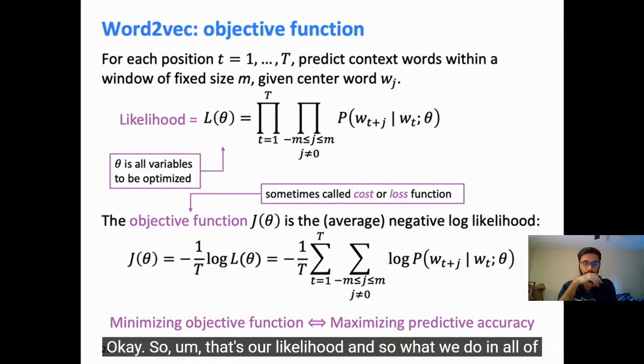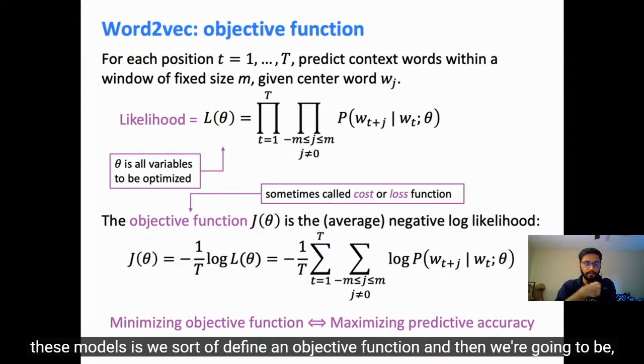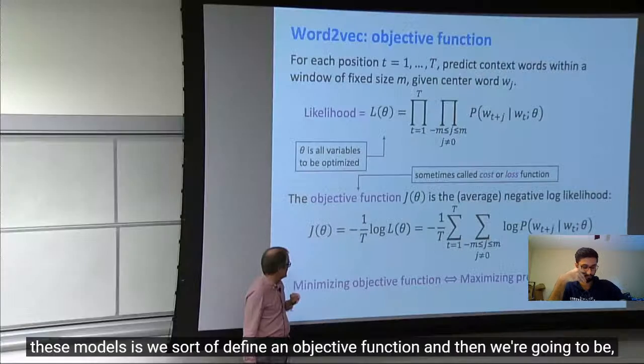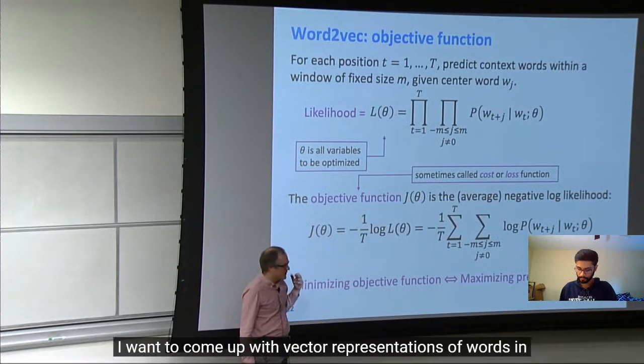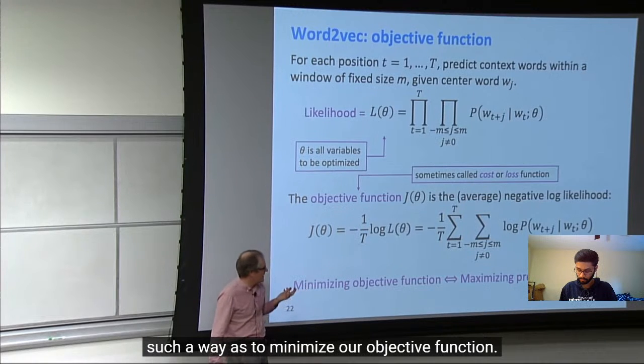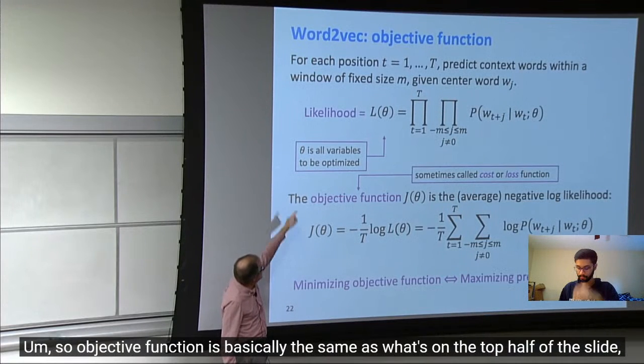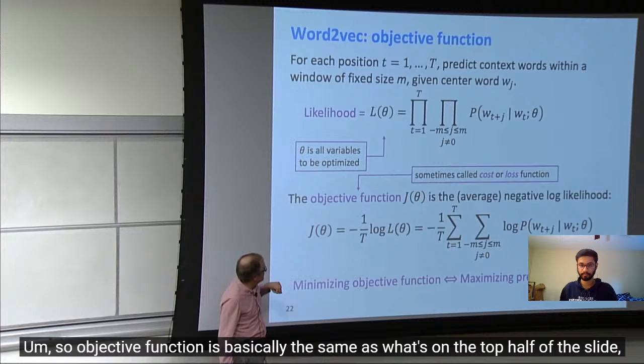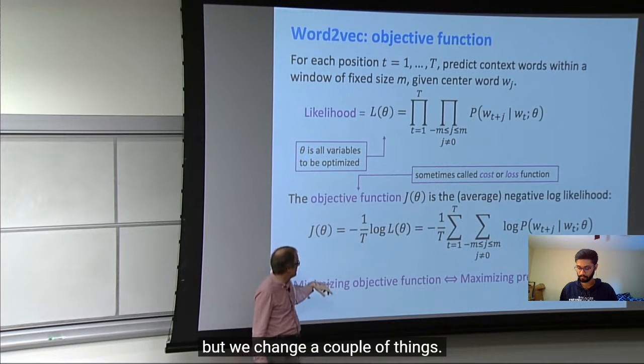Okay, so that's our likelihood, and what we do in all of these models is define an objective function, and then we want to come up with vector representations of words in such a way as to minimize our objective function. So the objective function is basically the same as what's on the top half of the slide, but we change a couple of things.